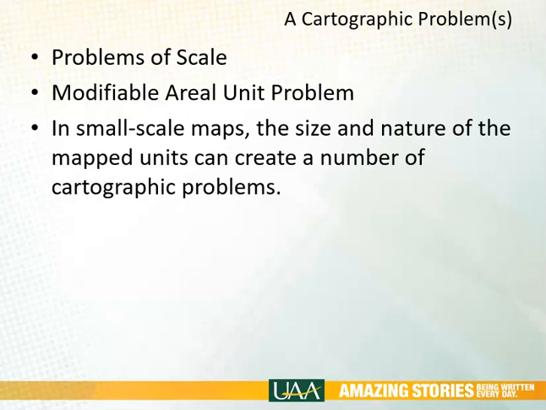This is particularly a problem in small scale maps where the size and nature of the map units can create a whole bunch of different cartographic problems. So I'm going to go through each of these, first scale and then what's called the modifiable areal unit problem, which you are going to know best in the example of gerrymandering.